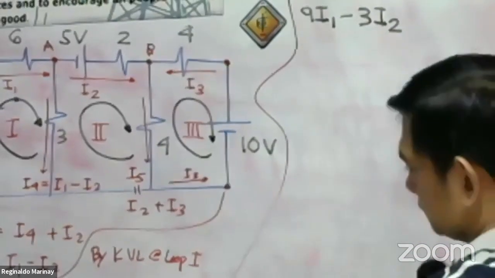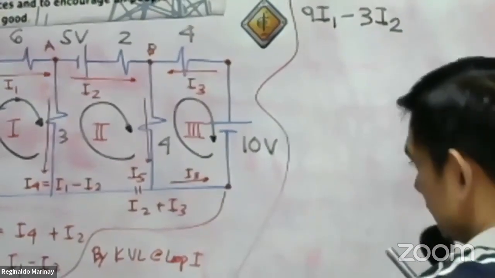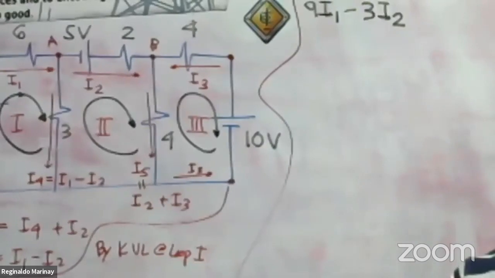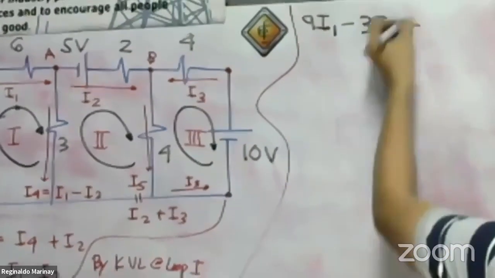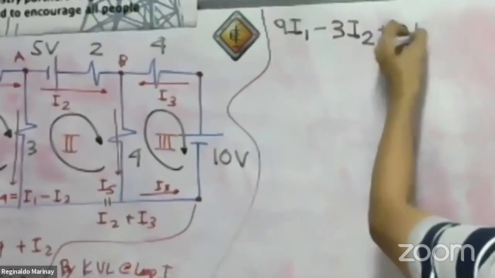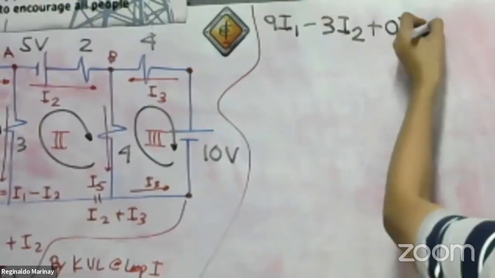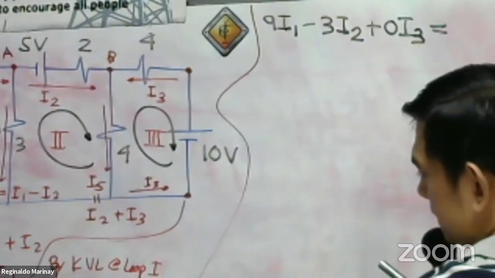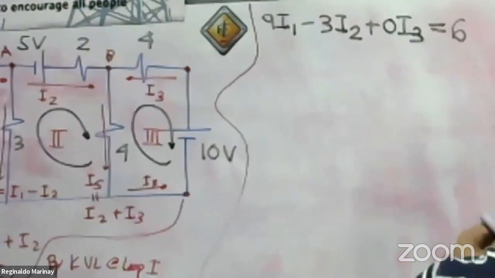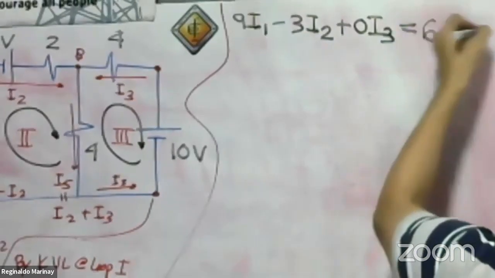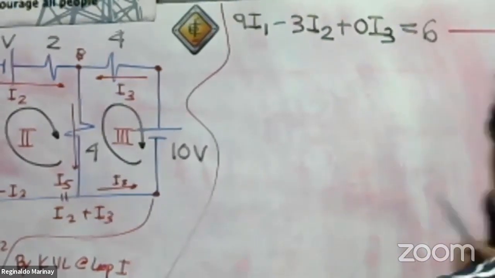Well, there is no I3 portion here. For our calculator, I will put here 0 I3. So that is equal to 6. So this is our equation number 1.